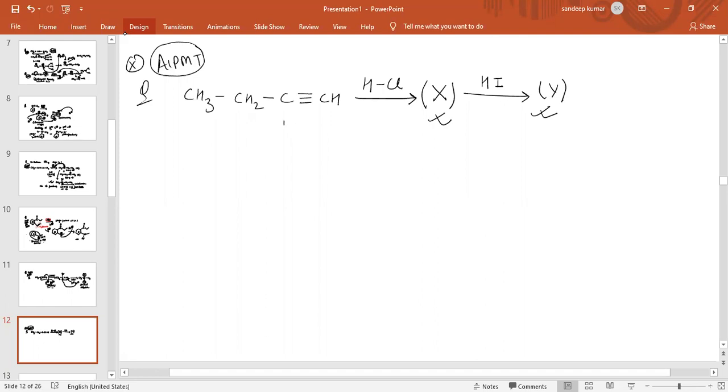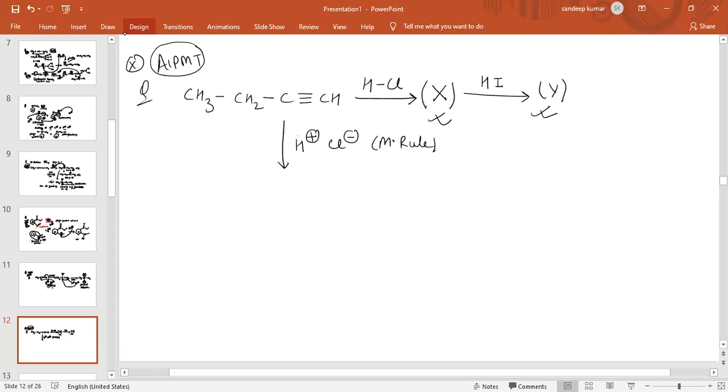So in the first step, when there is addition of HCl, so H positive and Cl negative, the addition will occur according to Markovnikov rule. Now see what happens.